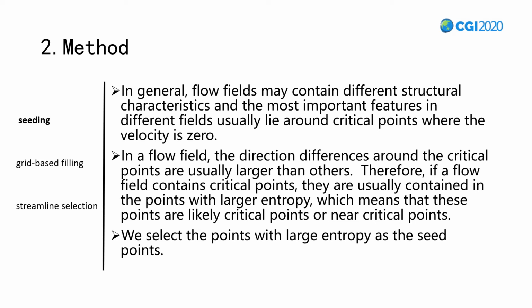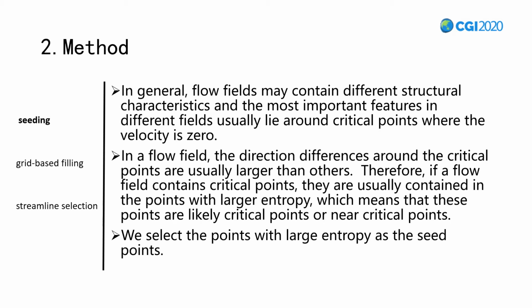The first model is seeding. In general, flow fields may contain different structure characteristics, and the most important features in different fields usually lie around critical points where the velocity is zero. In a flow field, the direction differences around the critical points are usually larger than others.